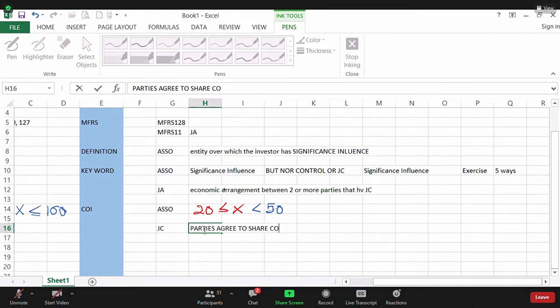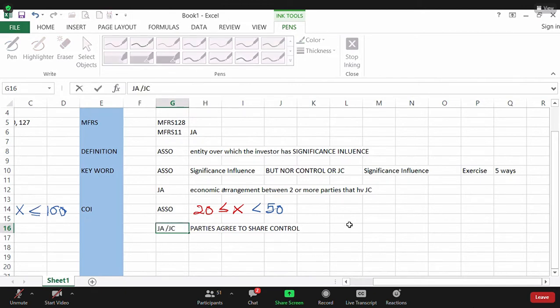That's why I said, in this joint control, it is not about A acquiring B or A acquiring C. No, it's about three companies, A, B, C, working together. For this joint arrangement, sometimes we call it JA or sometimes JES.